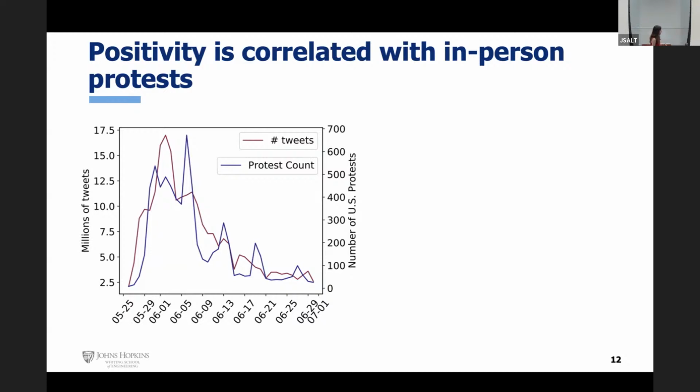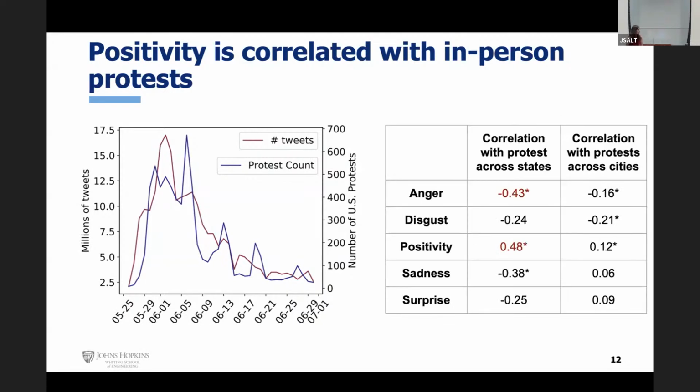But one of the things that we can do with this data is to look geographically. So do we see a higher volume of protests in US cities and states where there were more, in this case, positive emotions expressed on social media? This goes to the idea that positivity is really important for getting people involved.